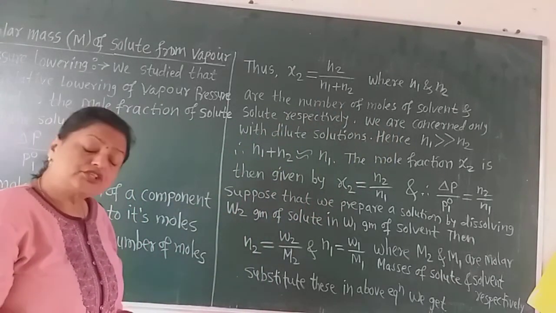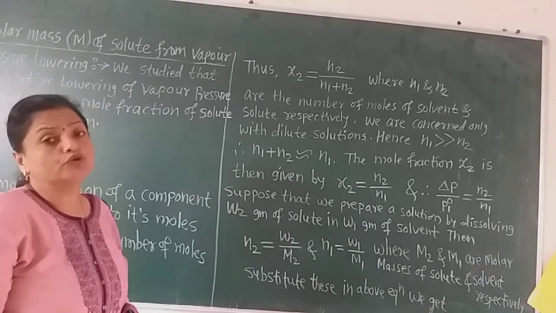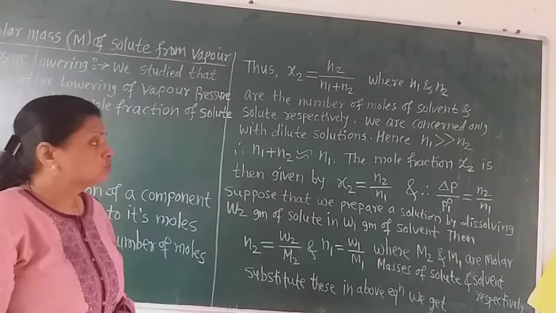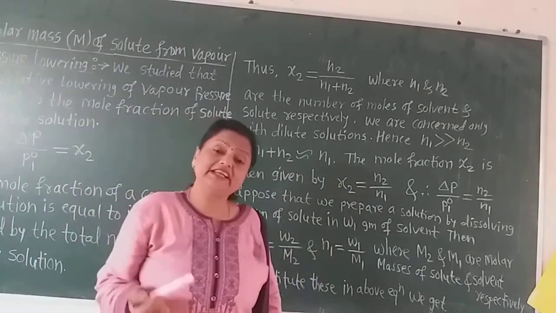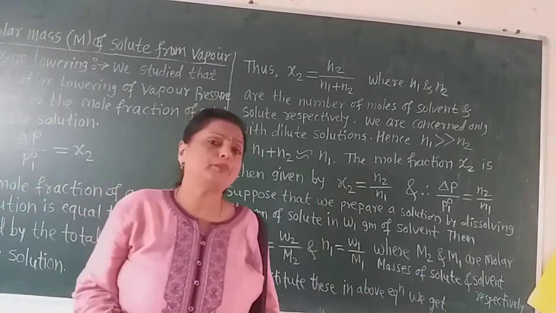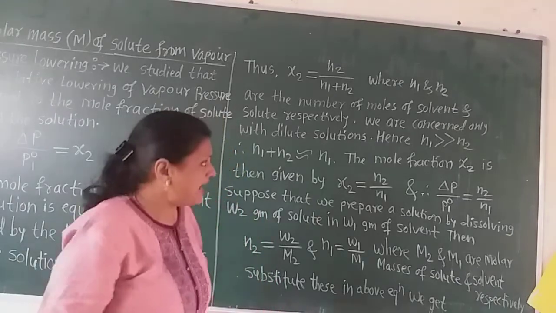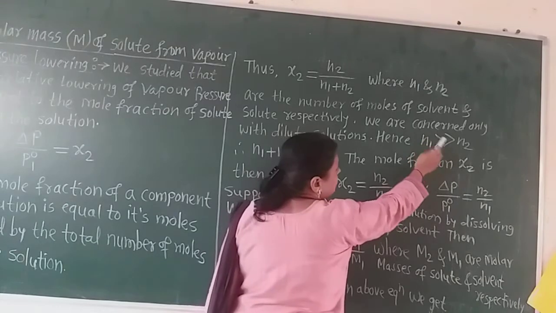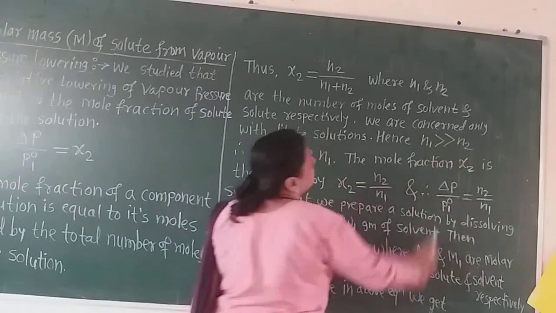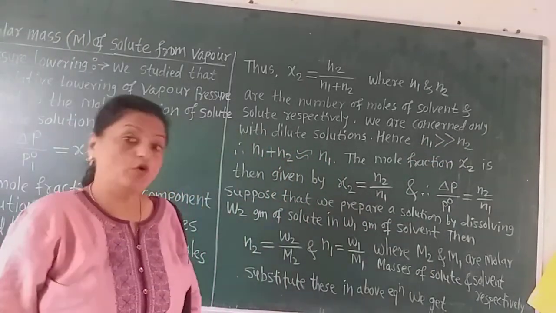We are concerned only with very dilute solutions. As the solutions are very dilute, the number of solute particles is very small, and the number of solvent molecules is much greater than the number of solute molecules.